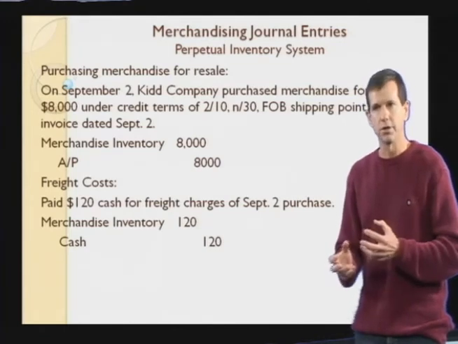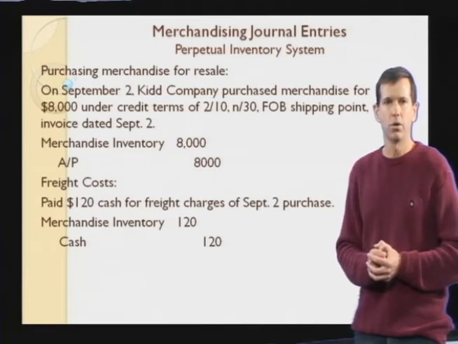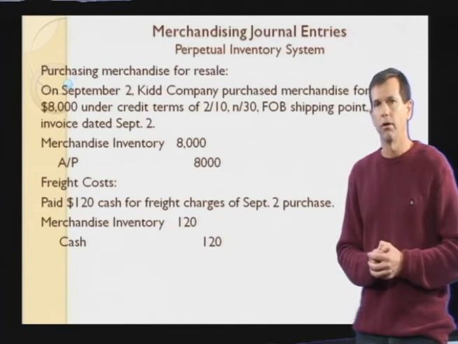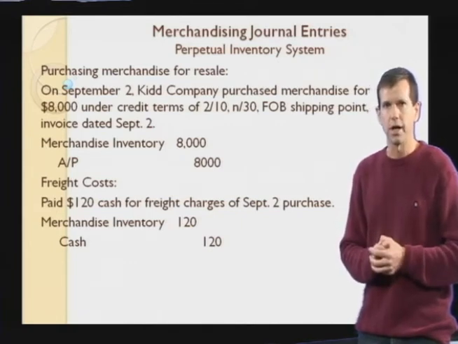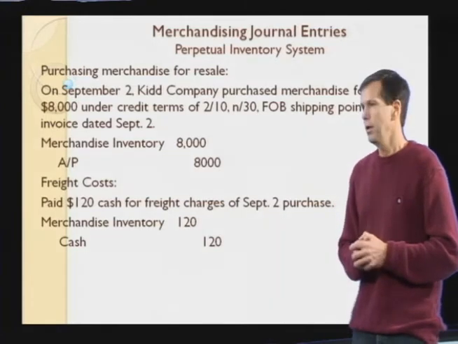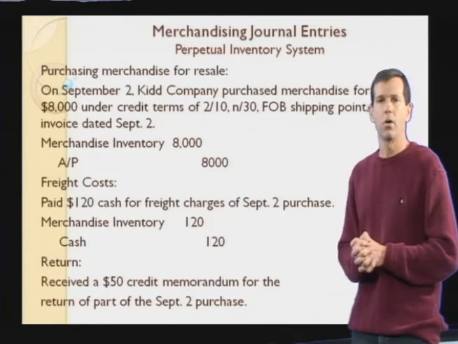The merchandise doesn't do us any good if it's not out on our shelves, and so we've got to pay for transportation to get it here. So for freight, debit merchandise inventory, just like we did when we bought the inventory. The next slide shows the next situation here, and what do you know? We have a return.